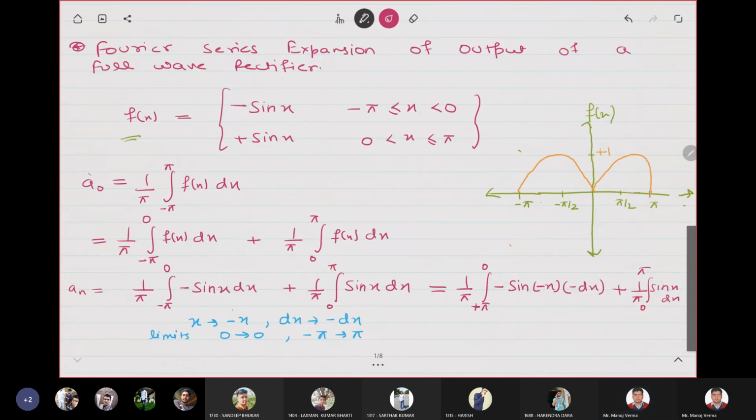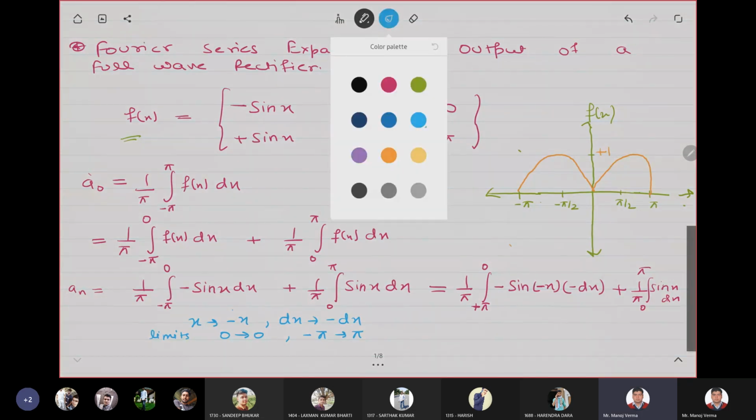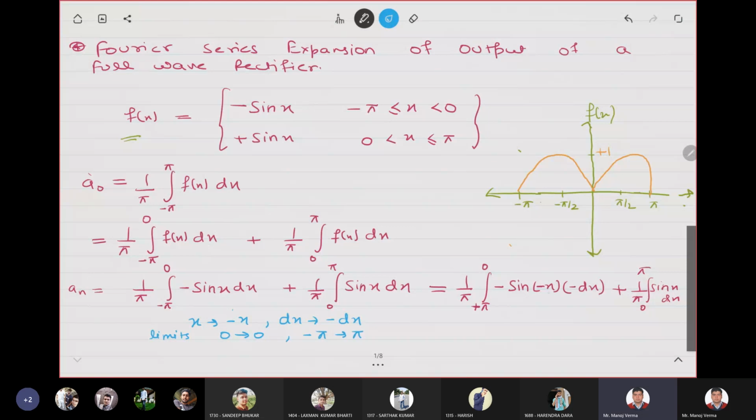And you can see in the first integral, as sine of minus theta is equal to minus sine theta, these two negative signs will compensate each other. They will become positive. And this negative sign will come outside. And if I interchange my limits, then this minus sign can also be adjusted.